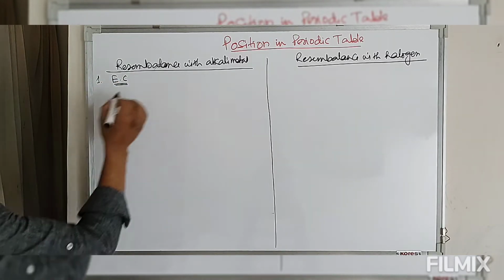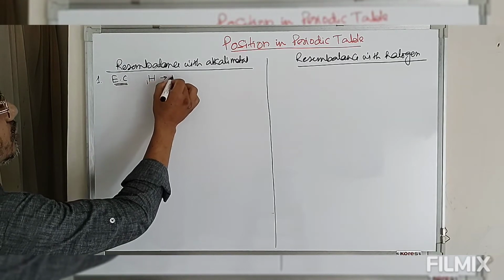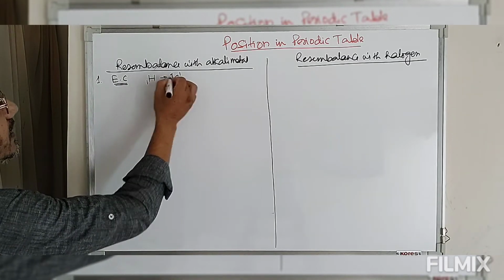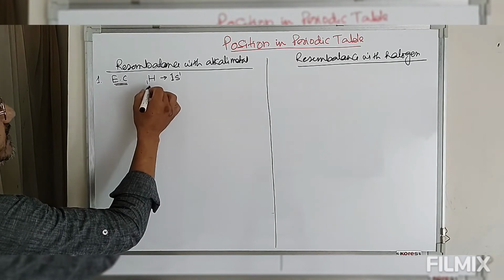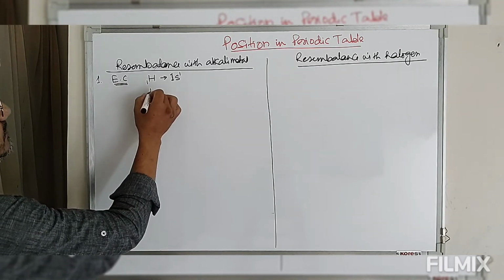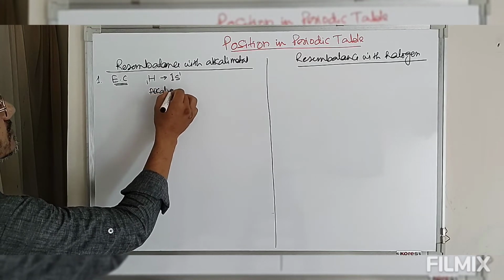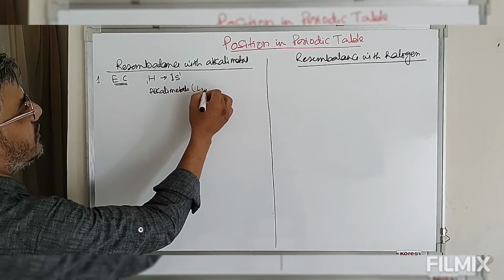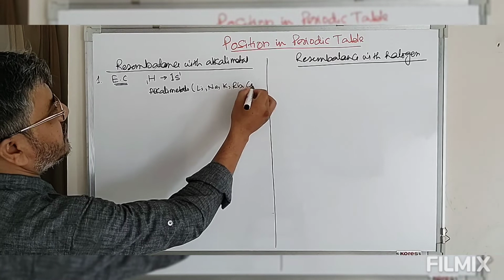Now the electronic configuration of hydrogen, containing one electron, is 1s1. We have one electron in the s orbital. Whereas alkali metals, we can take lithium, sodium, potassium, rubidium, cesium.